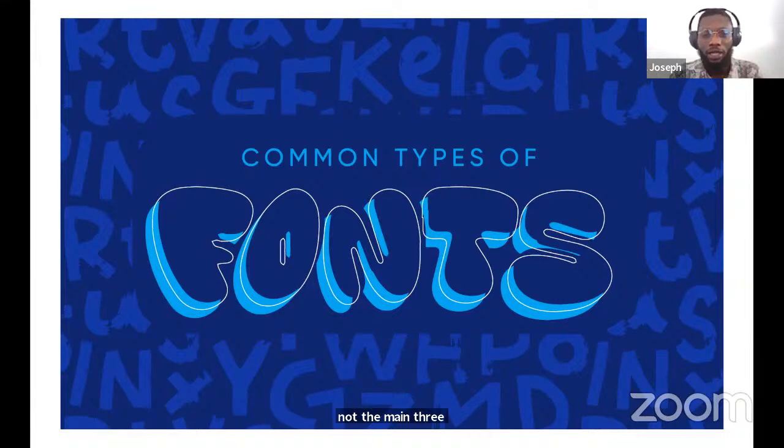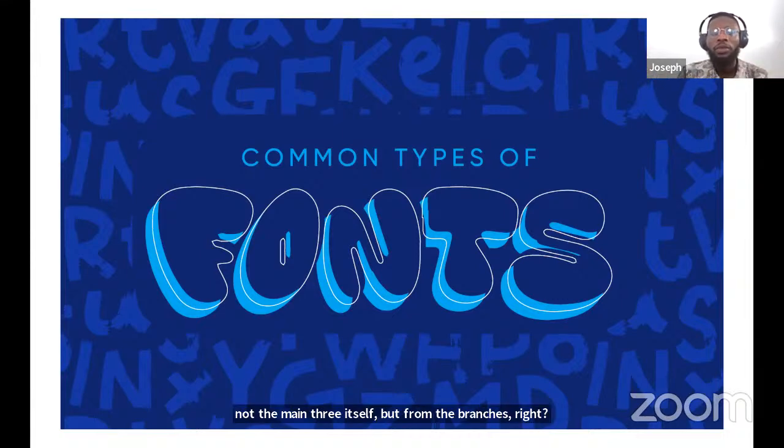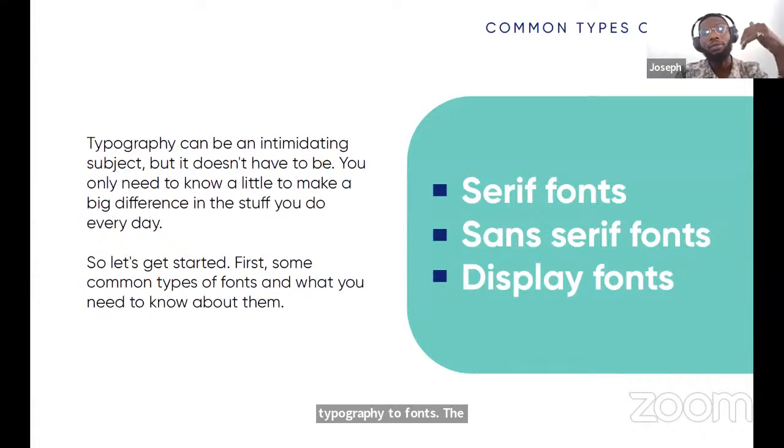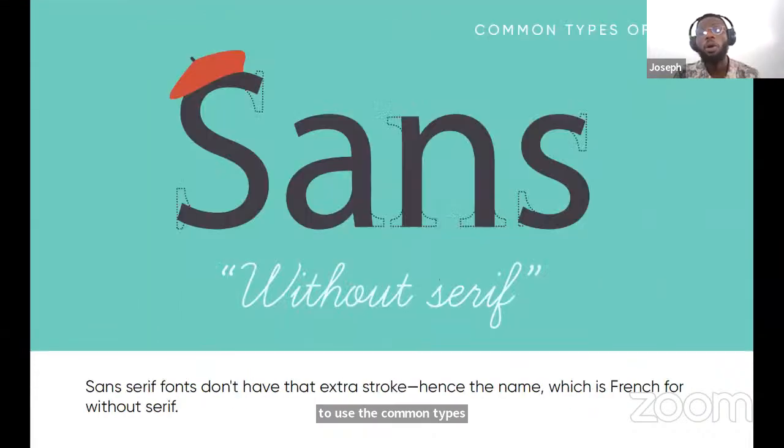What does that mean in this space? It means that from typography to fonts, the fonts now have different kinds of fonts to use, the common types. And these common types now have more.